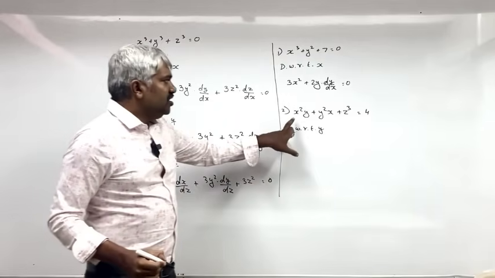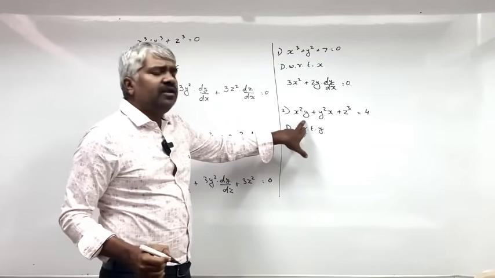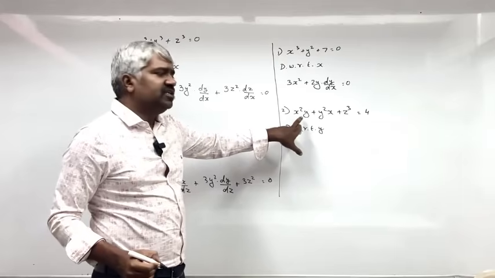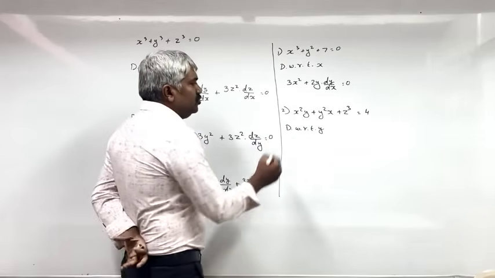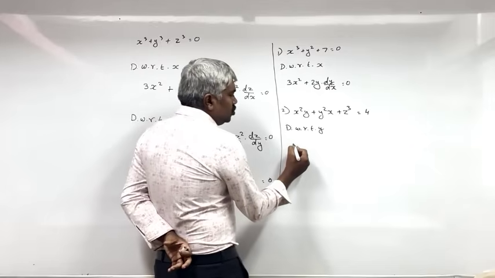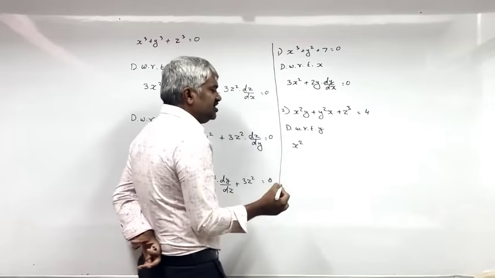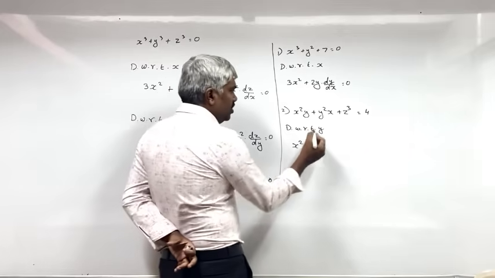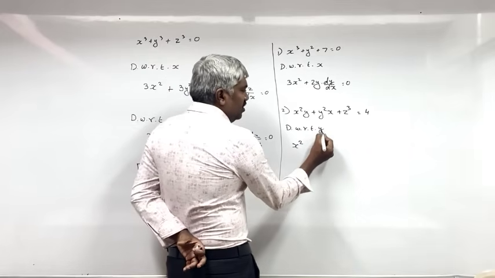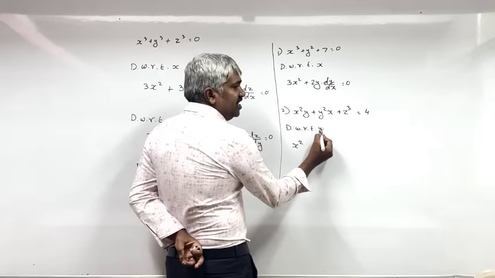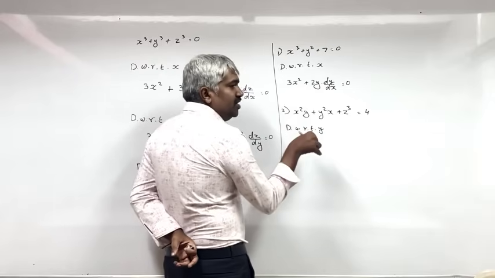These two terms are in multiplication, so we can use the product rule, uv dash. Differential of y is 1, since we are differentiating with respect to y.